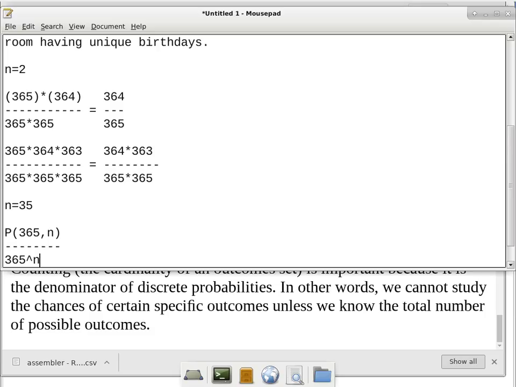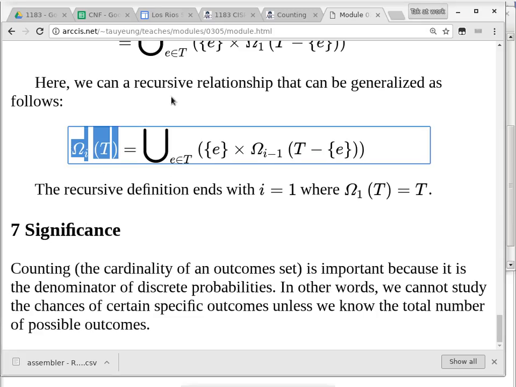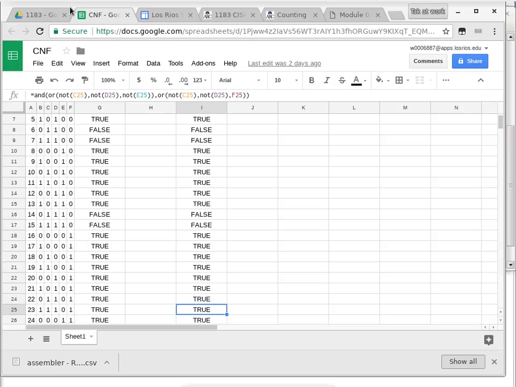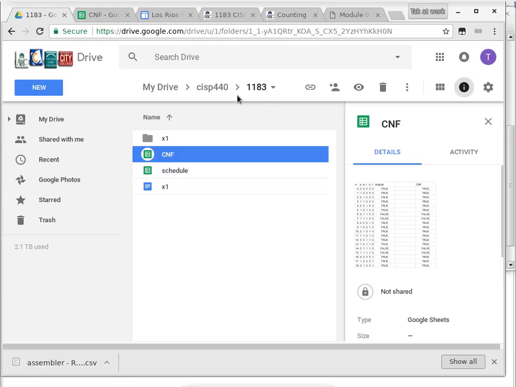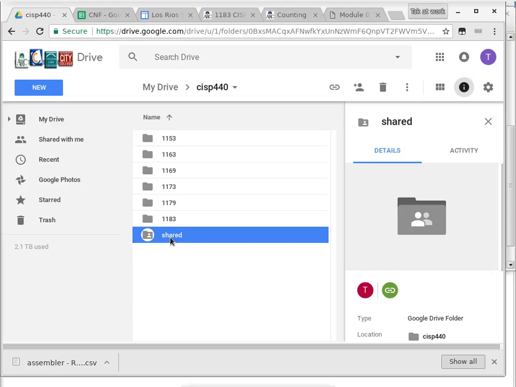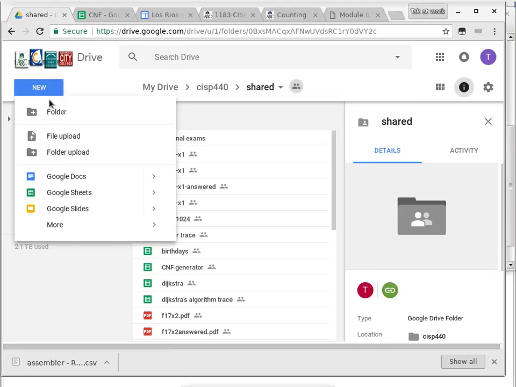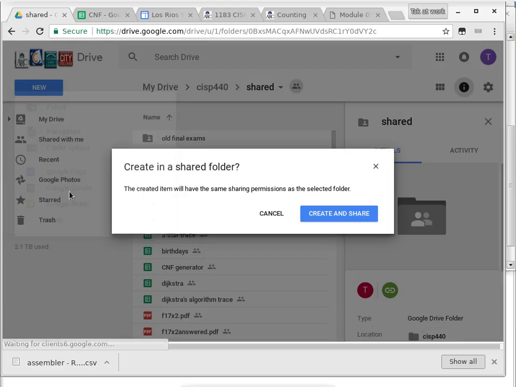So now we plug this into a spreadsheet, okay? And we try to figure out for what kind of class size, what is the chance of not having duplicate birthdays. I got a spreadsheet already, but I always like to redo it just to make sure that I did not do it wrong the first time. So let's do a little spreadsheet.